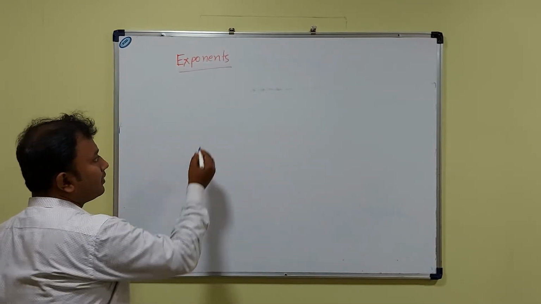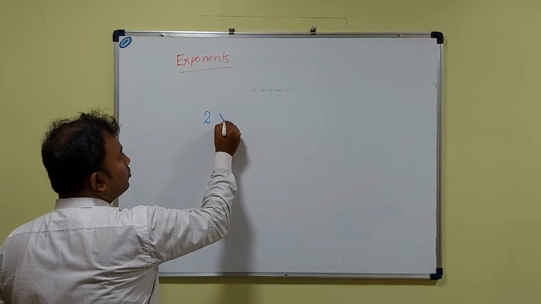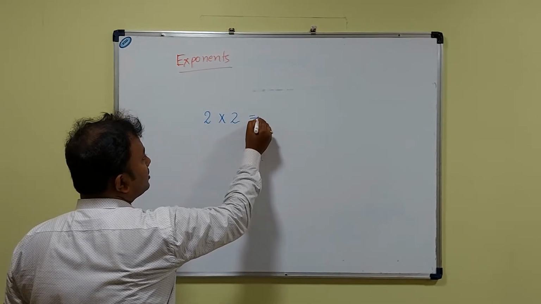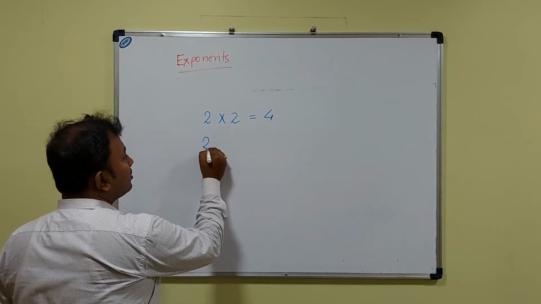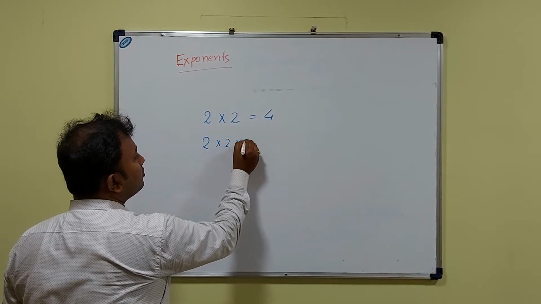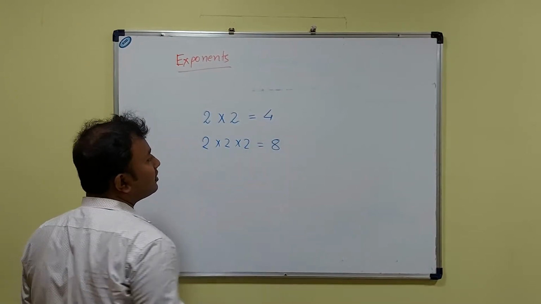Suppose 2 into 2, this will be 4. Now 2 into 2 into 2, this will be 8.